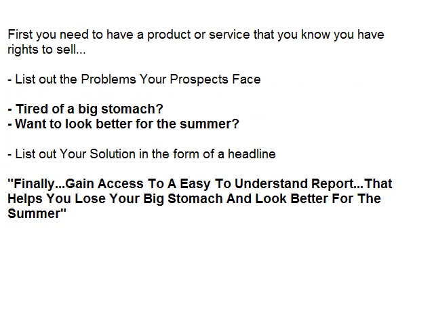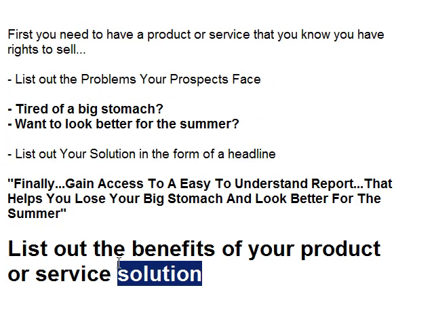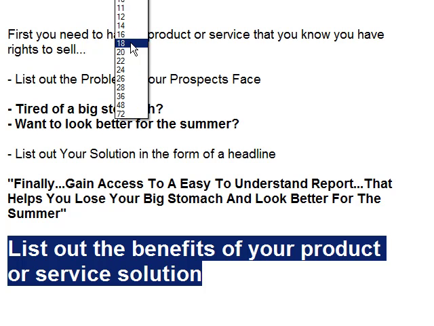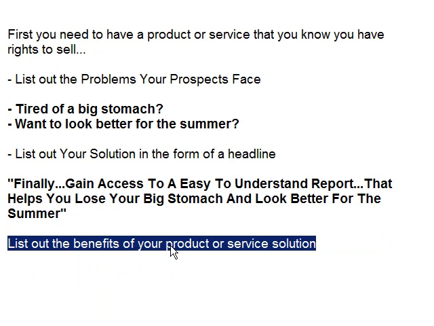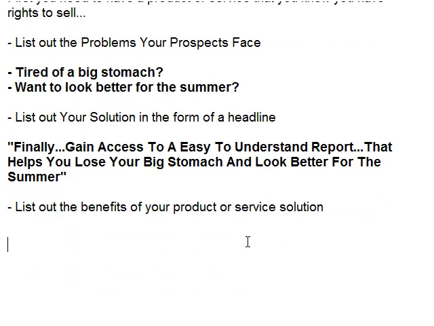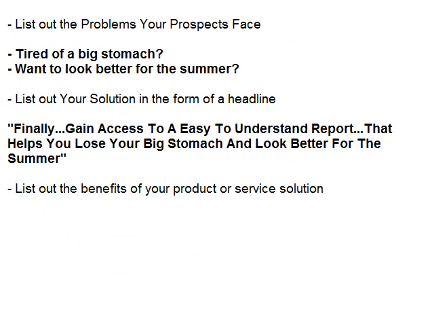The next thing you want to do is you want to list out the benefits of your product. So let's say I have a product. You could say something like, with blank, and the blank is the product name or the service that you're providing. With blank, you can, and start listing out benefits. In 30 days.